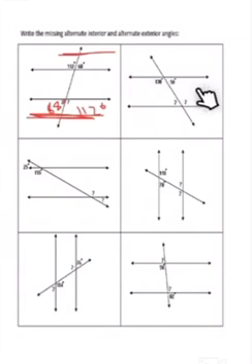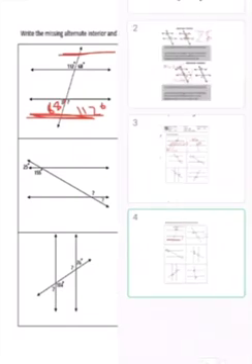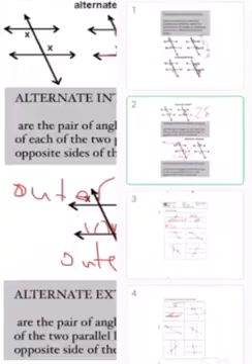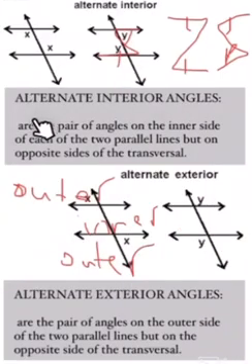Now let's move to this figure. Here we have alternate interior angles. Why alternate interior angles? Because we are working on the inner side. In alternate interior angles, the pair of angles are on the inner side of the two parallel lines, but on opposite sides.